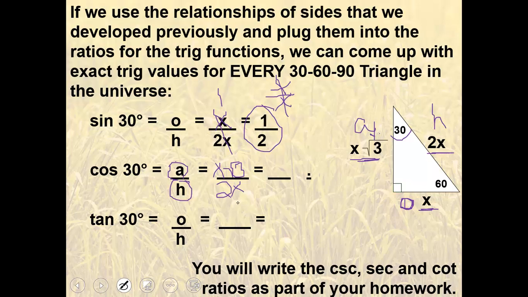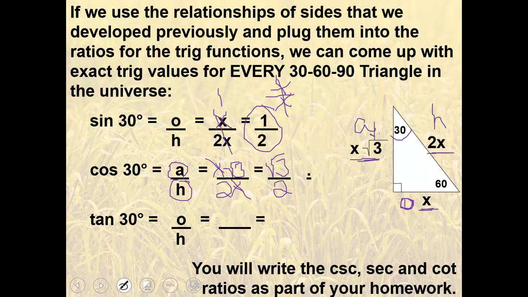I have an x in the numerator and an x in the denominator, and they're going to cancel. So I'm just left with the square root of 3 over 2. Every 30-degree angle has the ratio, regardless of the size of the triangle. If you have a 30-degree angle, its cosine is always the square root of 3 over 2.